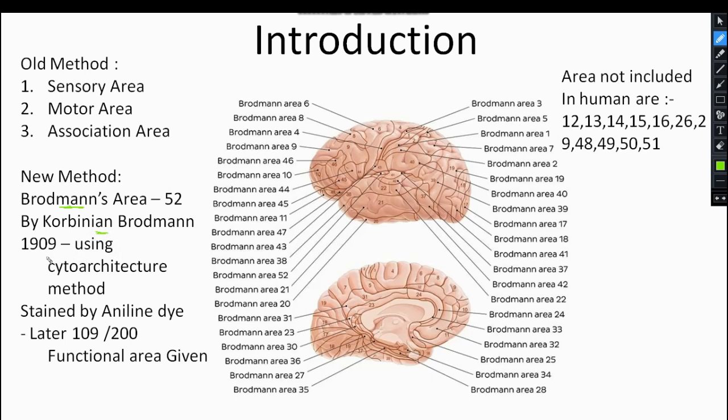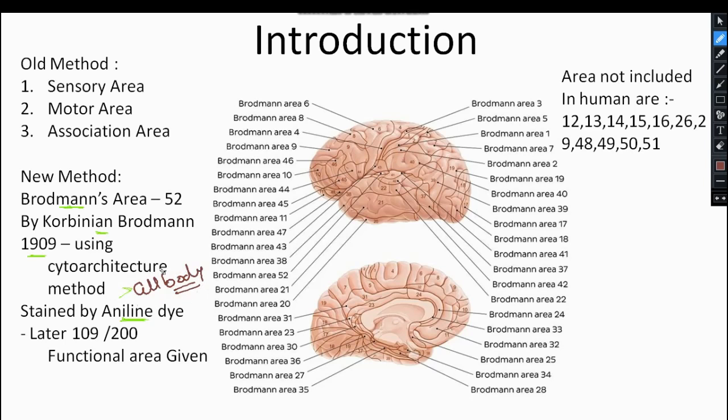He studied by taking sections of the brain, and that section of the cerebral cortex was stained by a dye, aniline dye. This aniline dye stained the cell body.